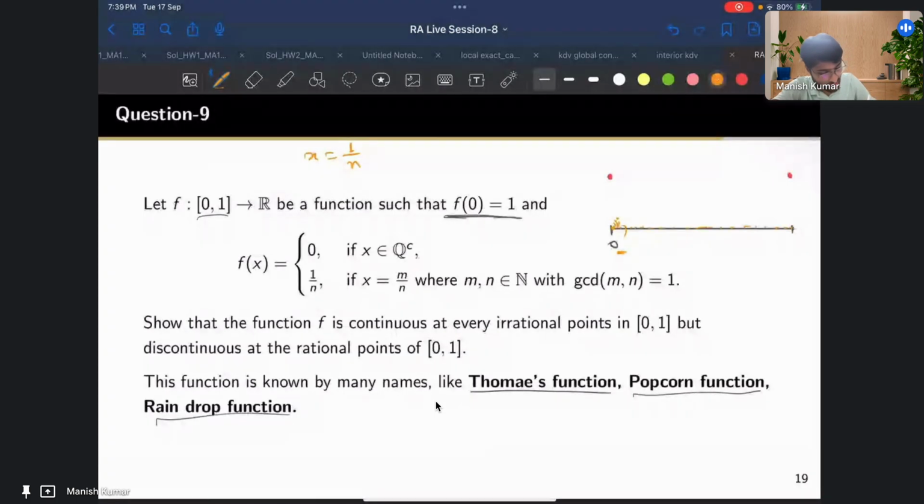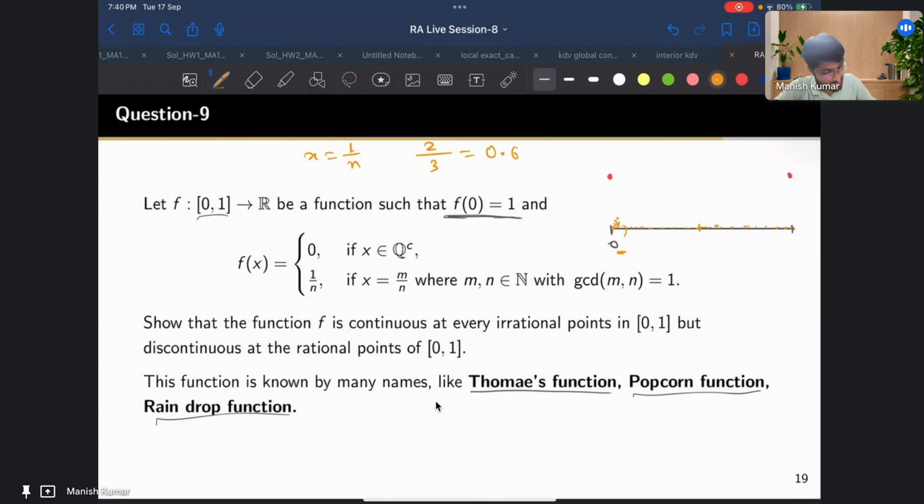But if I take, let's say, m equals 2, and if I choose n equal to 3, then what will be the value? The value will be 1 by 3, which is quite significant. And for 2 by 3, what will be the value? Let's say 0.6 kind of thing. So it will be somewhere in the middle, right?